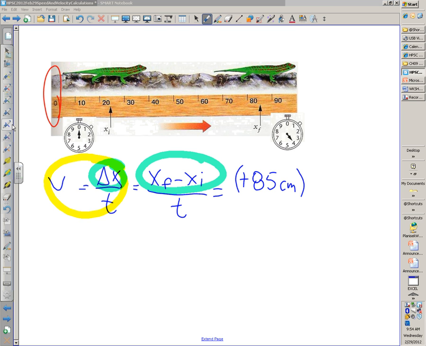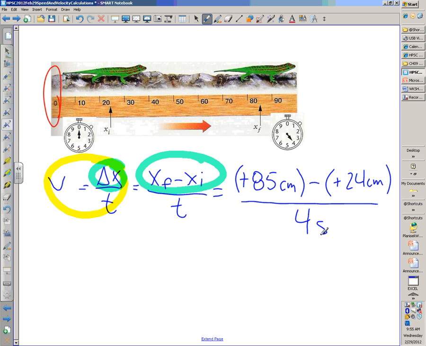With that in mind, what's the initial position? I put 24. That's fine. So the initial position is positive 24 centimeters. If you said 25 or 23, that's fine. Then that's going to be divided by the time over which this occurs. Chris, what was the time? It's 4 seconds, based on those two clocks.